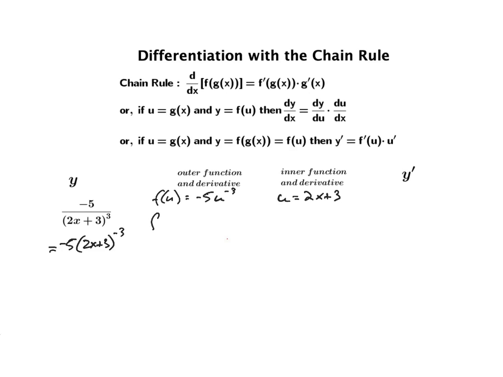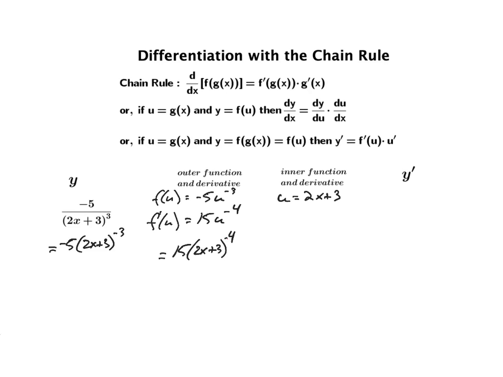And the derivative of that is 15u to the negative 4th, which we can write in terms of x as 15 times 2x plus 3 to the negative 4th power.